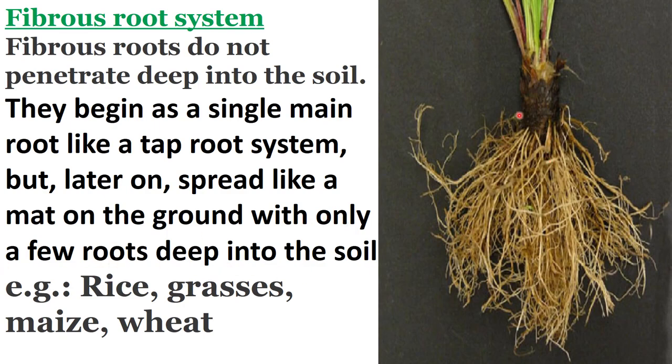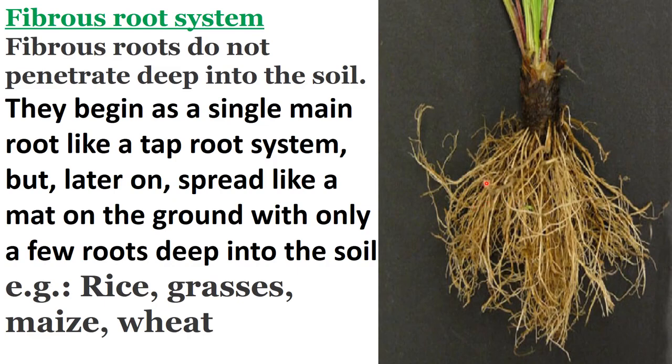So here in the starting a primary root will arise, but later on that will be replaced by many branches. So here you can see these many branches arising. In the starting a primary root arises from the radicle, and then it is replaced by many roots.